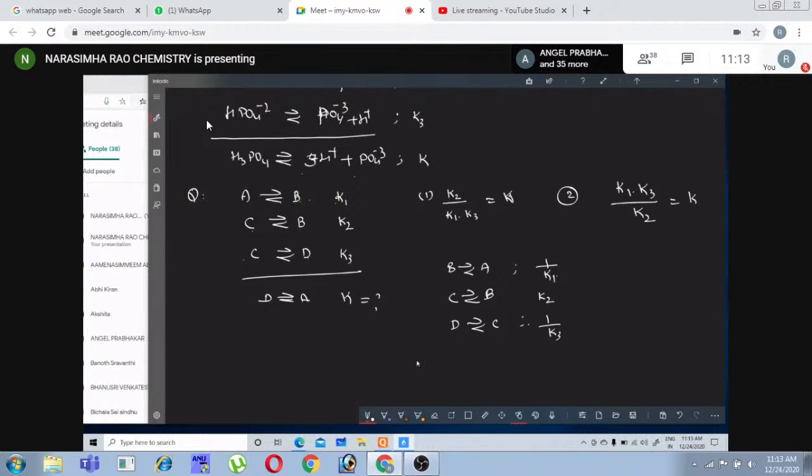All right, children, on summation, B and B cancel, C and C cancel. Now D to A is equal to K on adding the equations: K2 by K1 into K3.